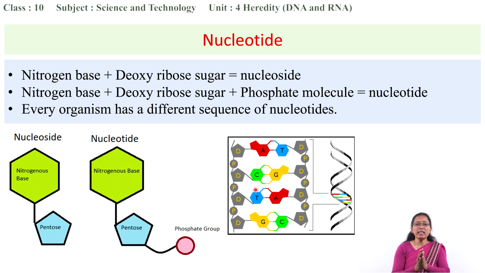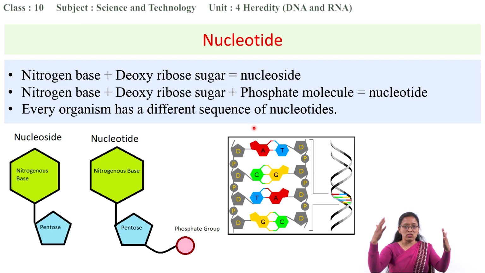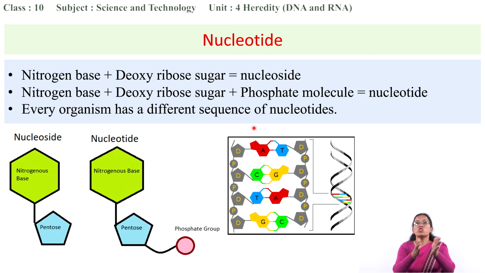Every organism has a unique sequence. For example, here we have seen after A there is C, T, G. In another organism or another sequence, there may be C, A, T, like that. That means it is changing.